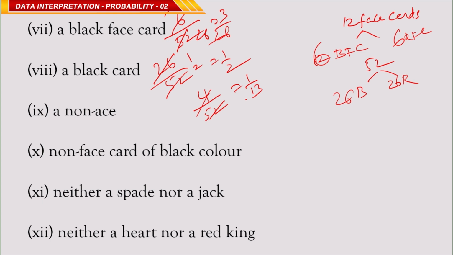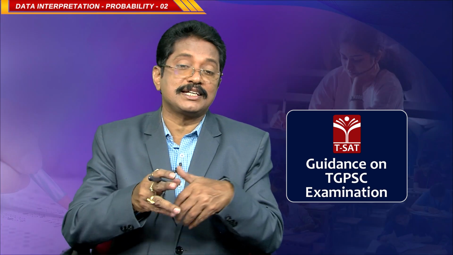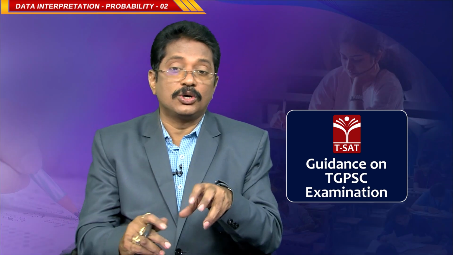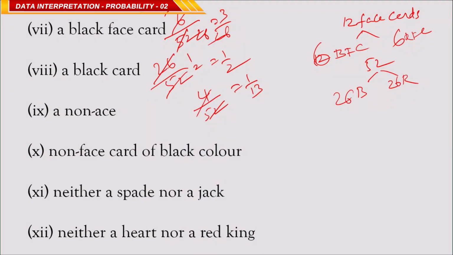But it is a non-ace. Getting an ace card and getting a non-ace card are complementary to each other. Am I correct or not? So, getting a non-ace card means 1 minus 1 by 13, which is 12 by 13. Correct? This is the probability of getting a non-ace card.